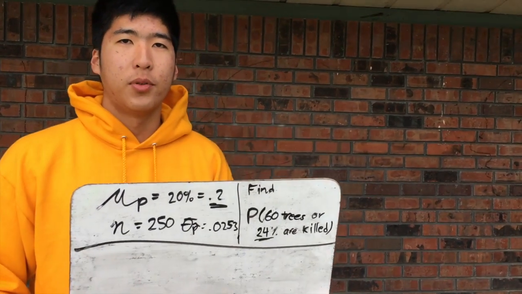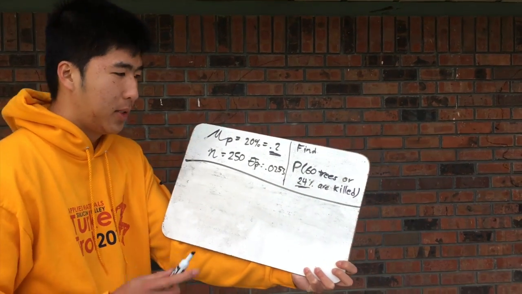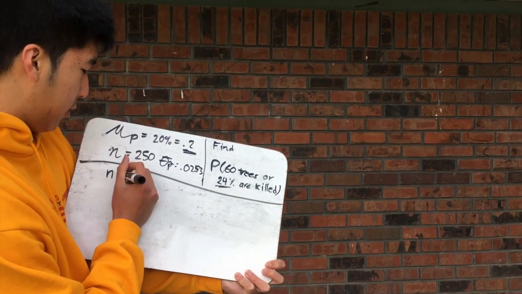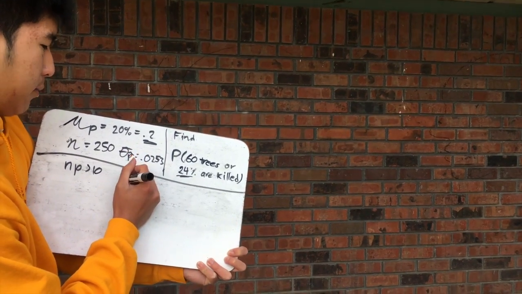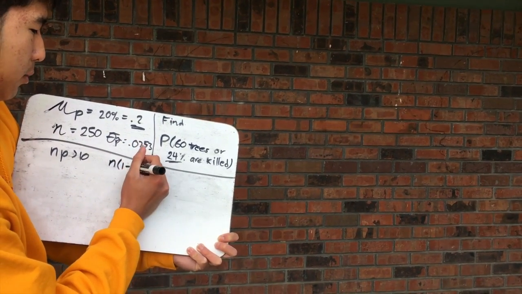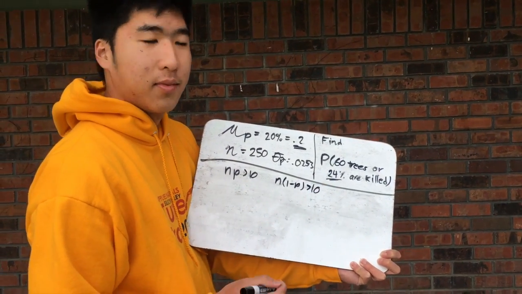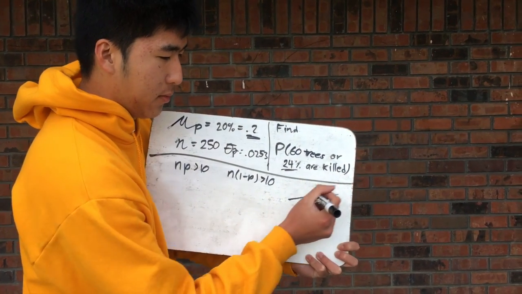However, before that, we need to prove that this is going to be a normal distribution, and we can do that with the central limit theorem. That basically states that our sample size times the proportion needs to be greater than 10, and that our sample size times 1 minus the proportion needs to also be greater than 10, which it is. Just trust me.